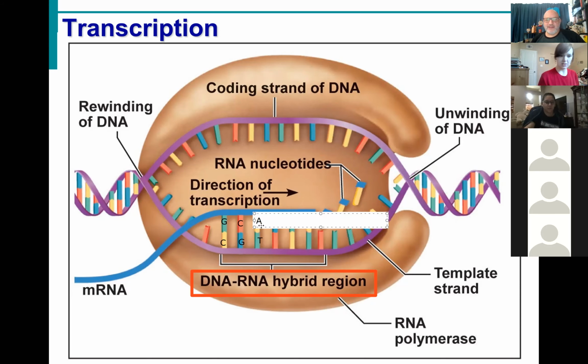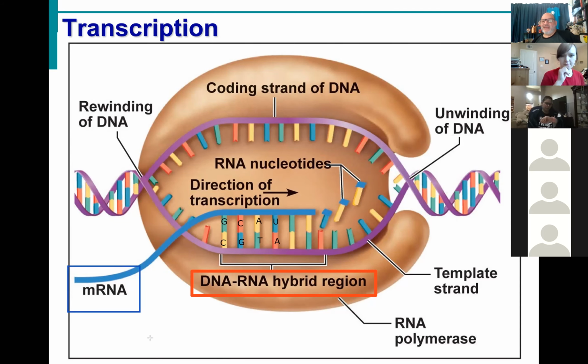A. Excellent. And anytime our DNA has an A, then our RNA is going to put a U. There you go. So using those complementary base pair rules, we make a temporary strand of RNA. The only thing I don't like about this picture is that technically, as this is being made, it's not messenger RNA yet. Remember, this needs to be modified before it actually becomes messenger RNA.